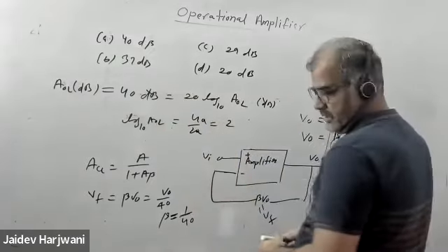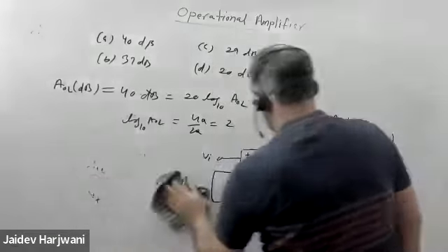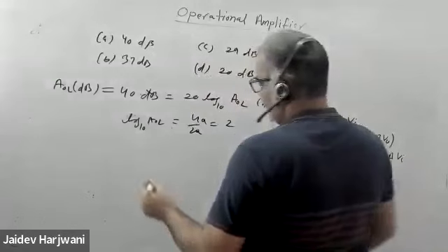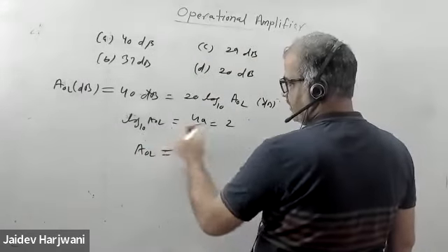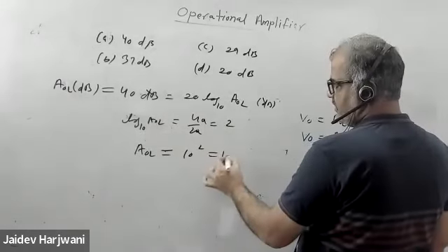And your open loop gain AOL will be 10 power 2, so this becomes 100.